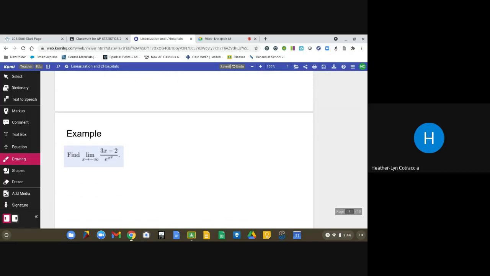So step 1, plug in your value. We have a negative infinity here. So we have 3 times negative infinity minus 2 all over e to the negative infinity squared. And that will give me, on the top, negative infinity, since 3 times negative infinity minus 2 is negative infinity.